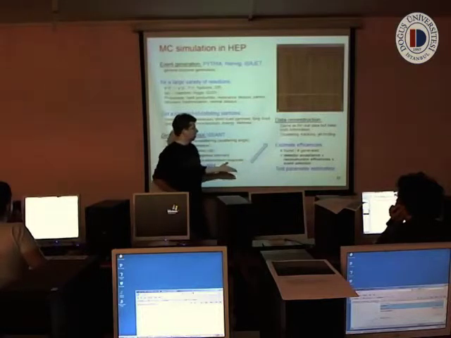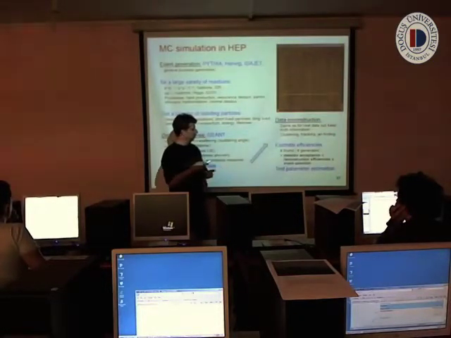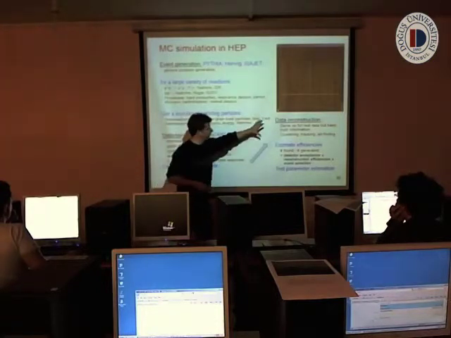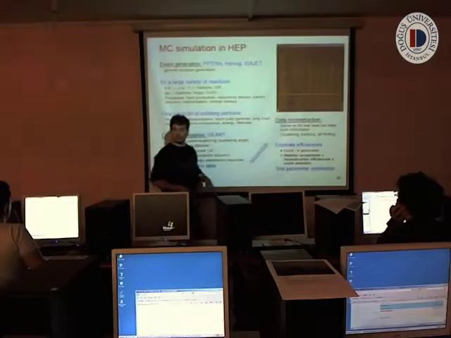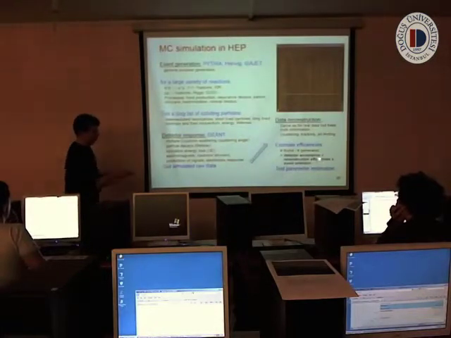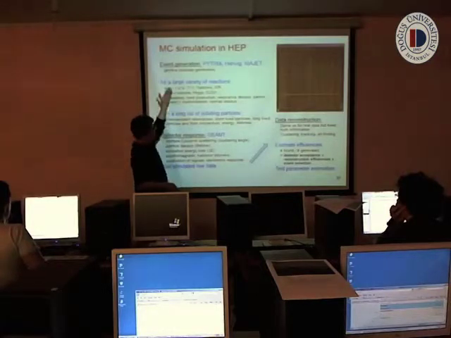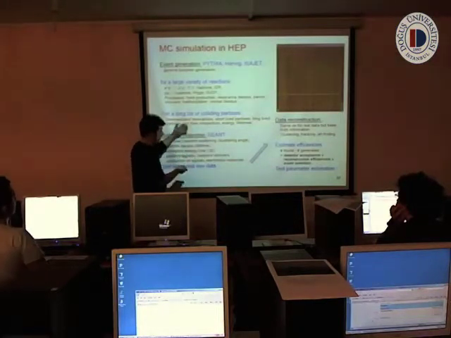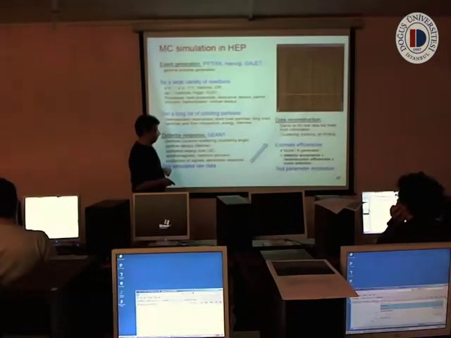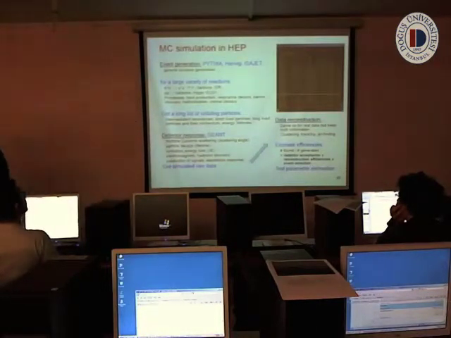And then what you have is simulated data that went through the same treatment as the real data. This simulated data you use to estimate the efficiencies of your methods. For instance, you count how many of the events that I put in, I actually have found. That way you know how efficient your methods, your data reconstruction, your detector, everything else is. And you can use this data to test your parameter estimation.